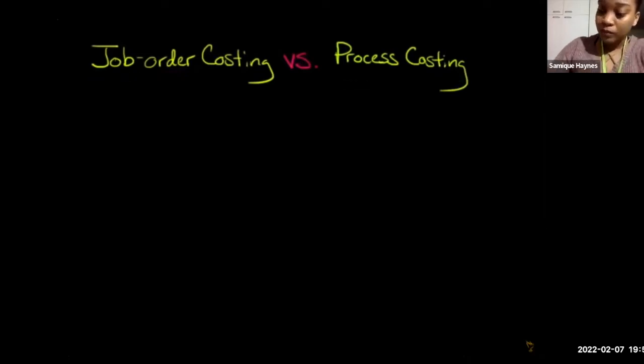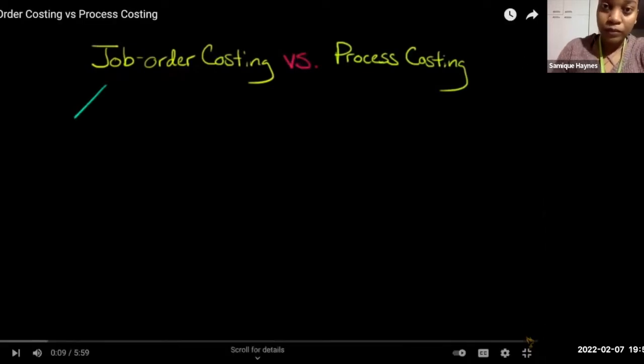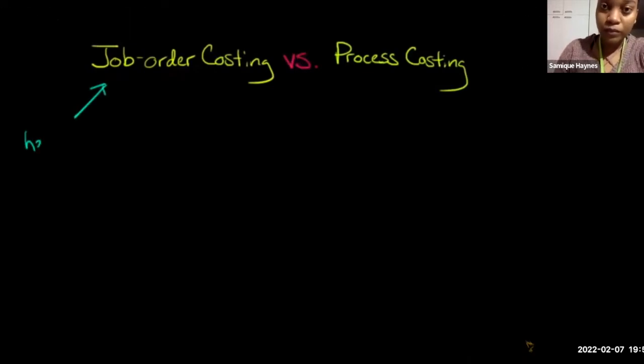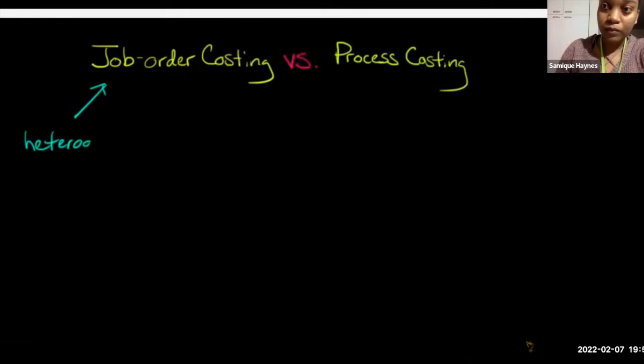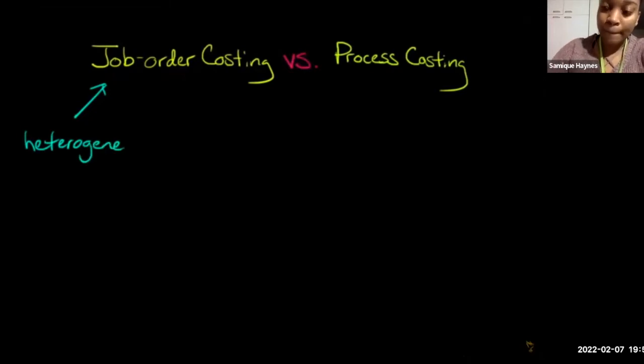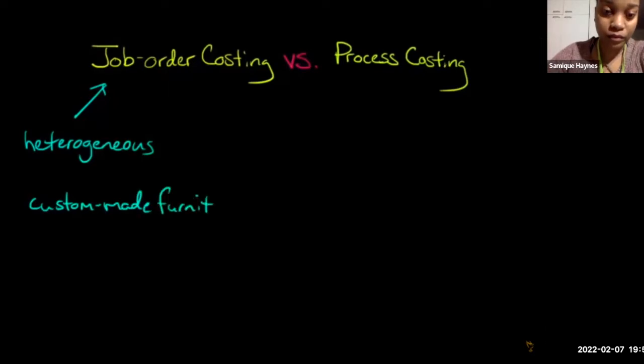And the main key difference between these two cost flow methods is that with job order costing, we're talking about heterogeneous products. And what I mean by heterogeneous is we have a firm, for example, that is selling custom-made furniture. So when we have an order come in for furniture, that order is going to be different than yesterday's order, right?